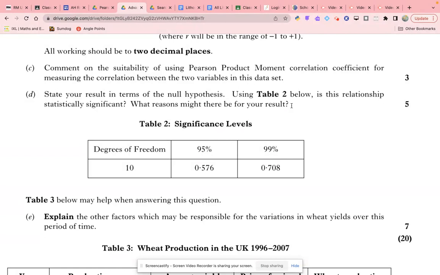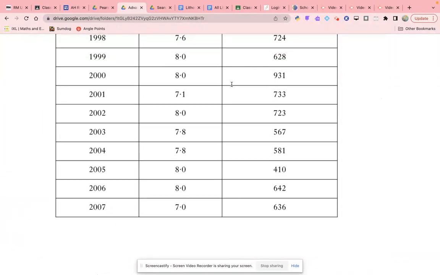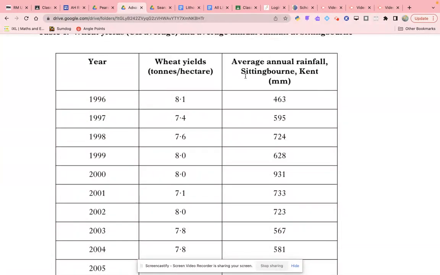So what we need to then do is start thinking about other possible reasons why there is not a relationship between rainfall and yields, because we suspected there would be. Well, we could say that actually it might be more to do with temperature variations in this area from year to year, which might be influencing the wheat yield, that possibly wheat is more responsive to temperature variations.